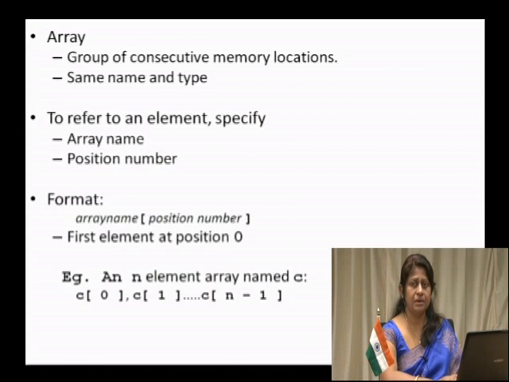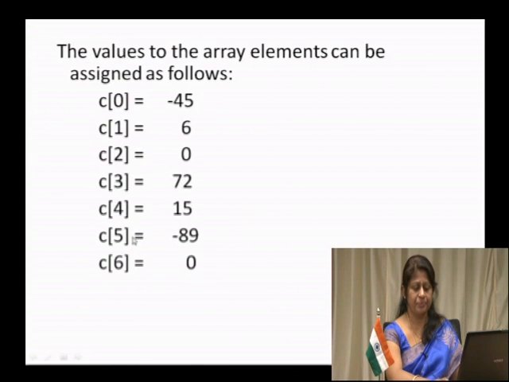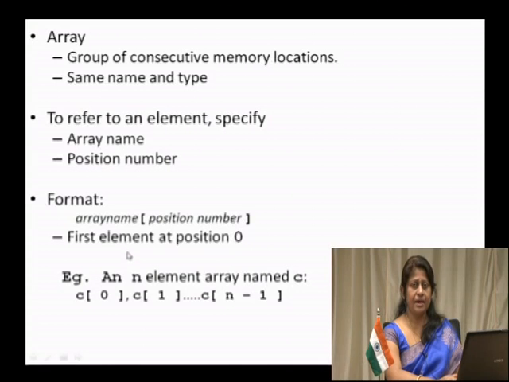As an example, suppose we consider an n element array which is named C. So, we have the array elements as C of 0, C of 1, and so on till C of n minus 1. Why it is n minus 1 over here is because the array elements start from 0. So, 0 to n minus 1 would give me these n elements.